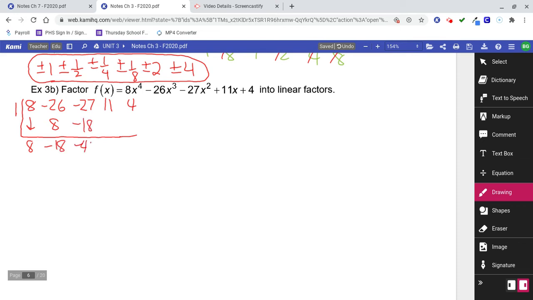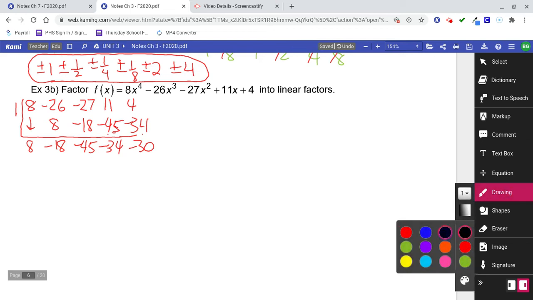Add down is negative 45, multiply negative 45. Add down 11 minus 45, that's negative 34, and multiply is negative 34. Add down is negative 30, okay? So you see how that number is not 0? That tells me that 1 is not a 0, and that doesn't work. So essentially, I just wasted my time. I've got to try a new number.